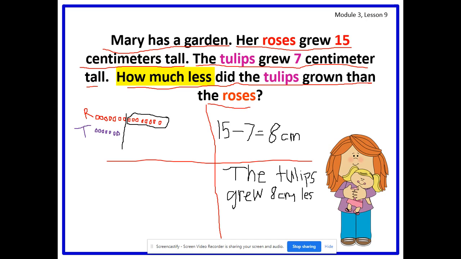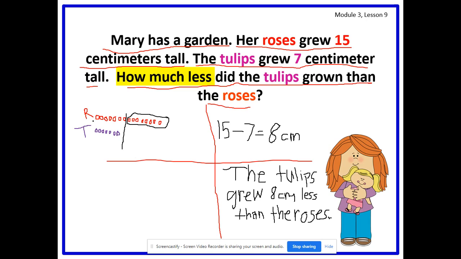Because we're comparing both the tulips and the roses. So we're going to go ahead and finish that off, put a period at the end. And here we can see that the tulips grew 8 centimeters less.